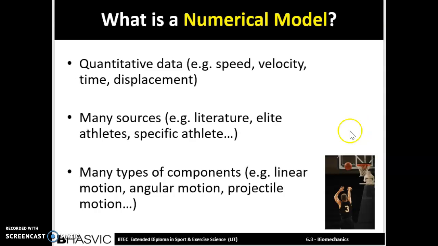You can use a variety of literature, elite athletes, and different findings and research papers, for example, to find a suitable model.